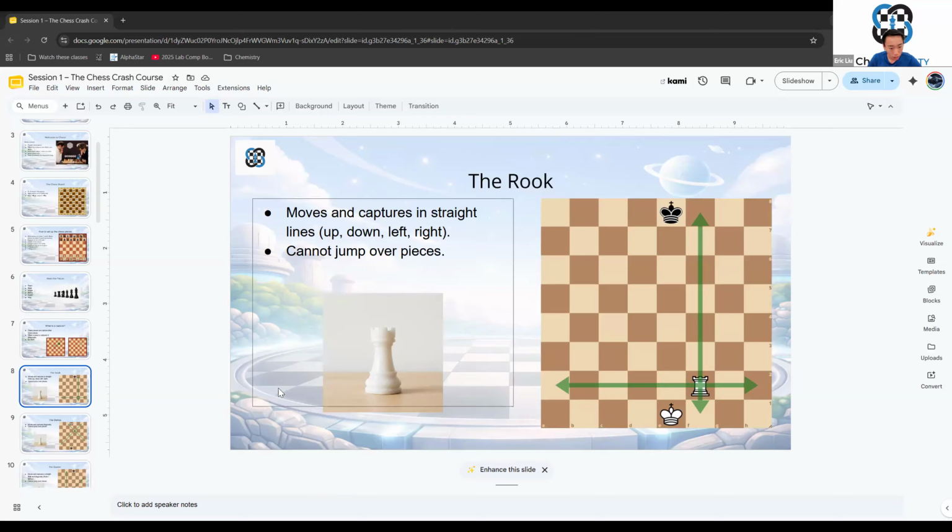Okay, I'm going to give you an example of how a rook moves. Are you able to see that my screen changed? Oh, okay, let me change something.